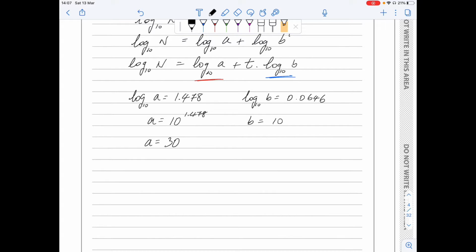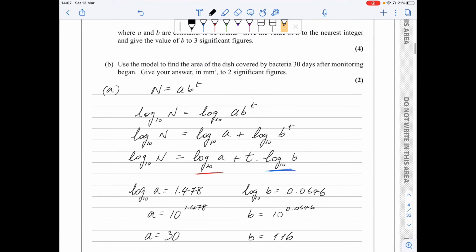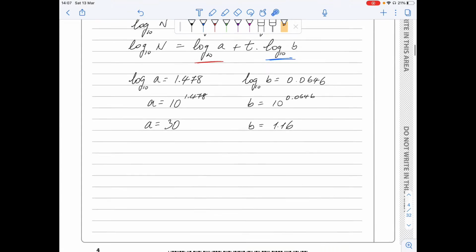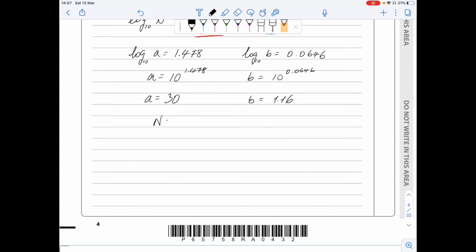So b is equal to 10 to the 0.0646. b comes out to be 1.16 to 3 significant figures. Finally, my equation is n equals 30 times 1.16 to the power of t.